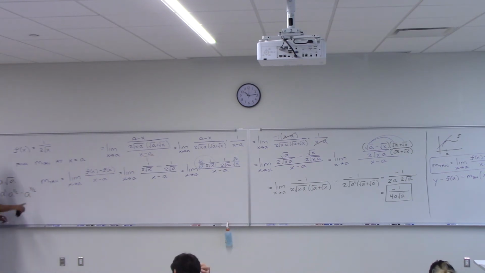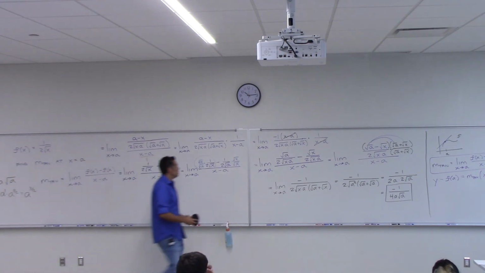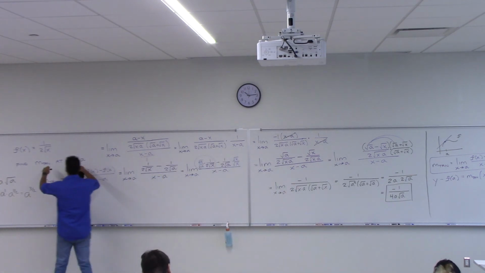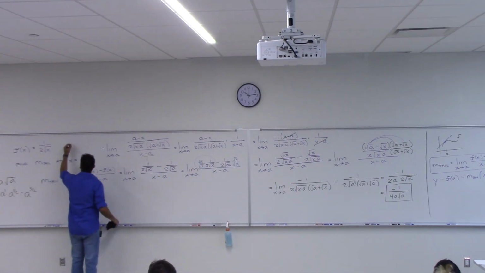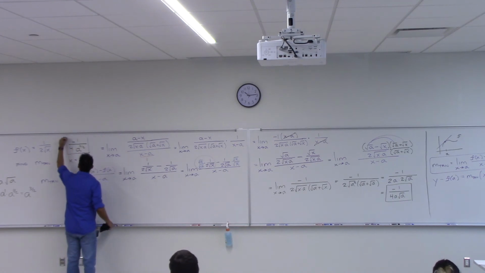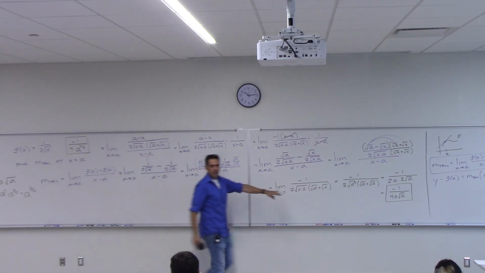That's most of the time the way you're going to see it, this way right here. So that's the final answer. For this, the slope of the tangent line at x equals a is -1 over 4 a to the 3/2. Or, if you want, you could use that one.